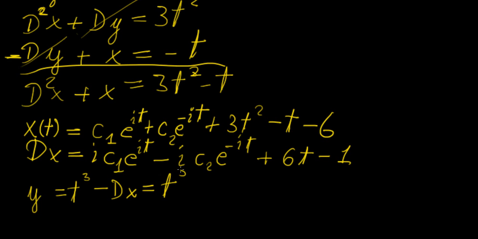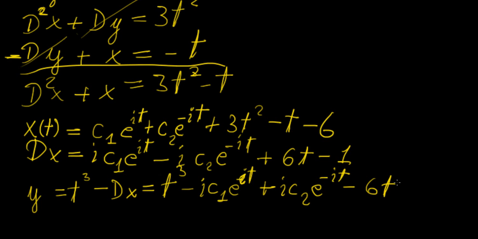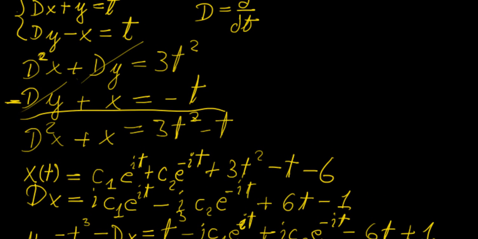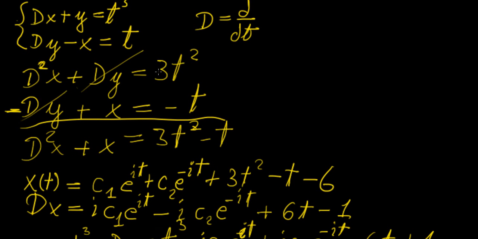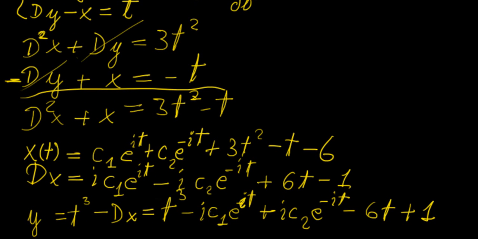So that's going to become t cubed minus i c1 e to the power of it plus i c2 e to the minus it minus 6t plus 1. So that's y. Now what we want to do with this is apply it to the second equation. Oh, actually that's just the final solution, right? So this should be our final solution.